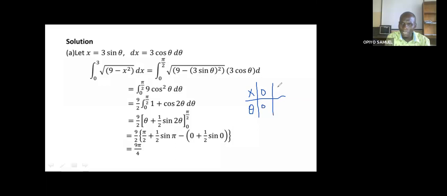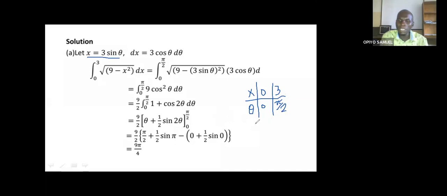But now when x is 3, we also substitute here x equals 3. Then we see that 3 equals 3 sine theta, which means sine theta equals 1, and theta is sine inverse of 1. And sine inverse of 1 is pi over 2.